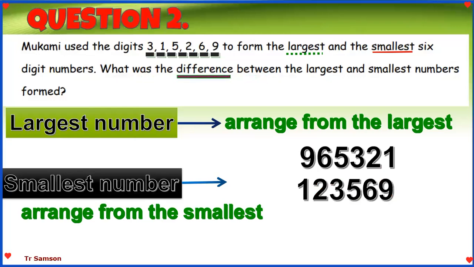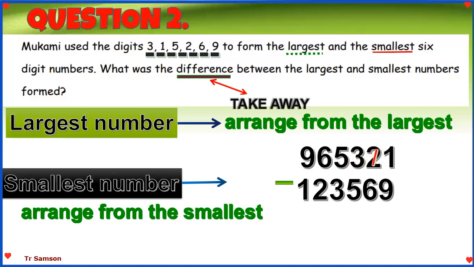So the difference, we have been told, what was the difference between the largest and smallest numbers formed. So difference means take away. To take away means minus. So let us subtract. Furthermore, 1 minus 9 is impossible, so we have to borrow a whole 10 from 2.